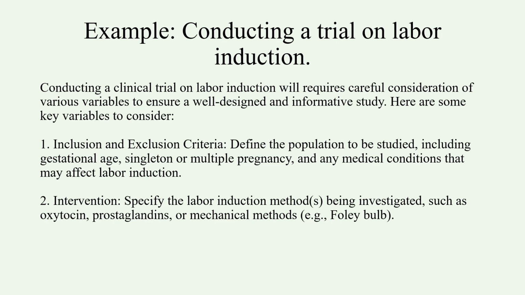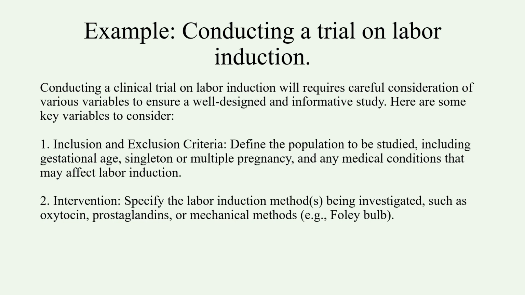So an example is that if we are to conduct a trial on induction of labor, then it will require careful consideration of all the various variables to ensure a well-designed and informative study. Some key variables which we might use: we might define the population to be studied, including gestational age, singleton or multiple pregnancy, and any medical condition that may affect labor induction.